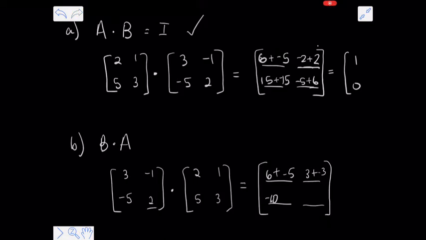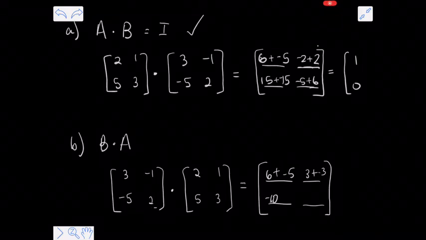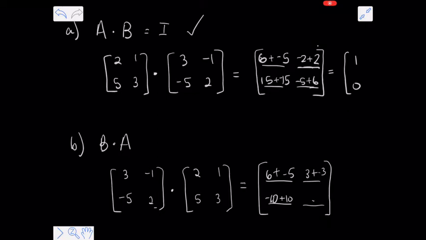Then I move across the row down the column, 2 times 5 is positive 10. Now finally that entry there is row 2, column 2, so I need row 2 and column 2. So first entry times first entry, it's negative 5. And I move across the row down the column, 2 times 3 is 6.